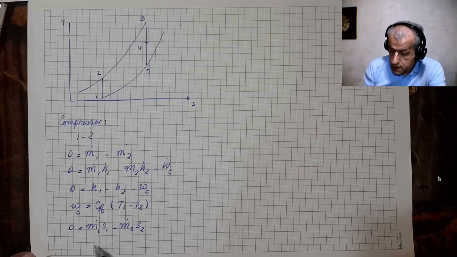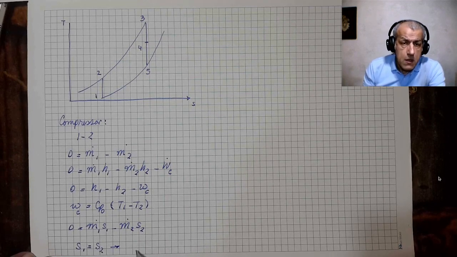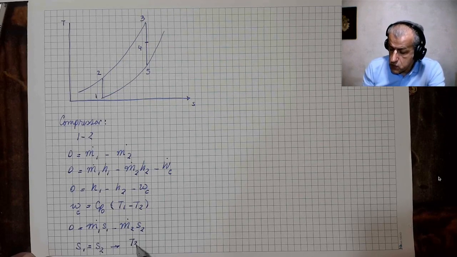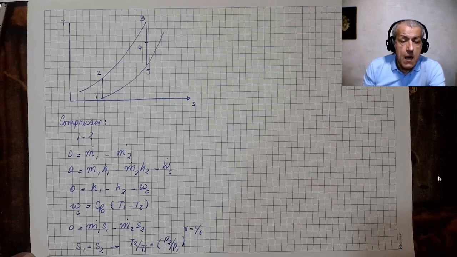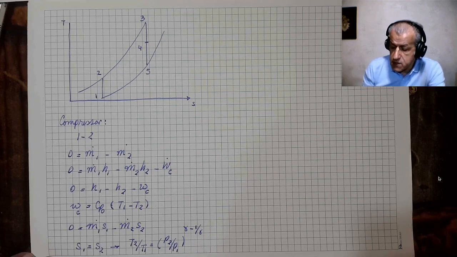And since S1 equals S2, then we could use the equation T2 over T1 equals (P2 over P1) to the power (gamma minus 1) over gamma, which is valid for the isentropic process.